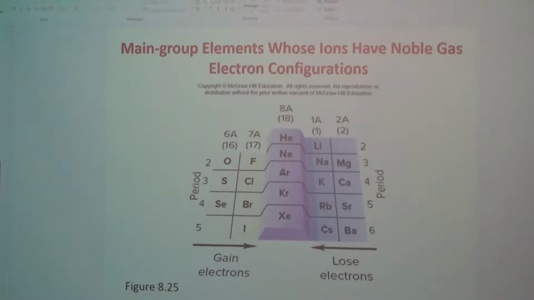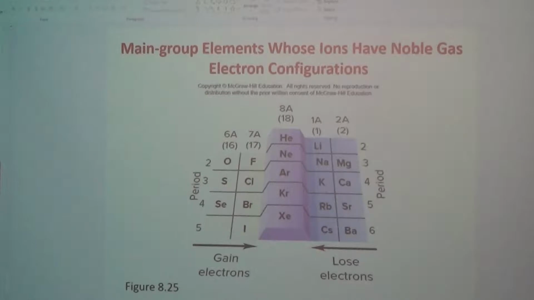Fluorine becomes fluoride and becomes like neon. So again, that term we used before, isoelectronic, means it has the same number of electrons. But what's really more important than the same number of electrons is it has the same electron configuration. So the electron configuration for neon is the same as for fluoride and for sodium ions.